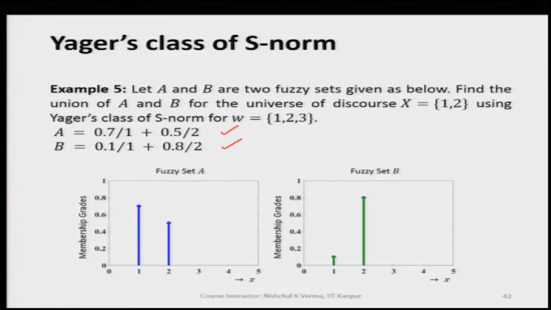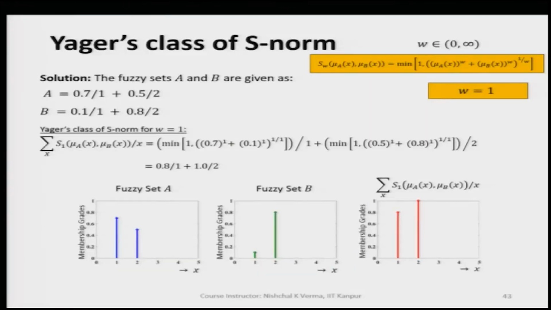We collect the membership values of fuzzy set A and fuzzy set B, and then use Jaeger's class of S norm on the pairs of membership values coming from fuzzy set A and fuzzy set B.